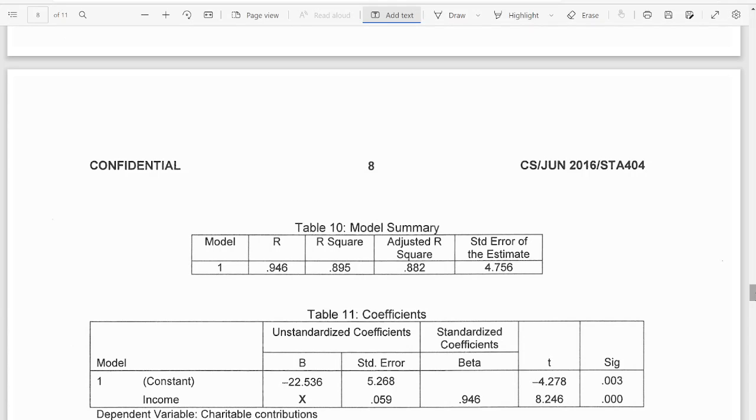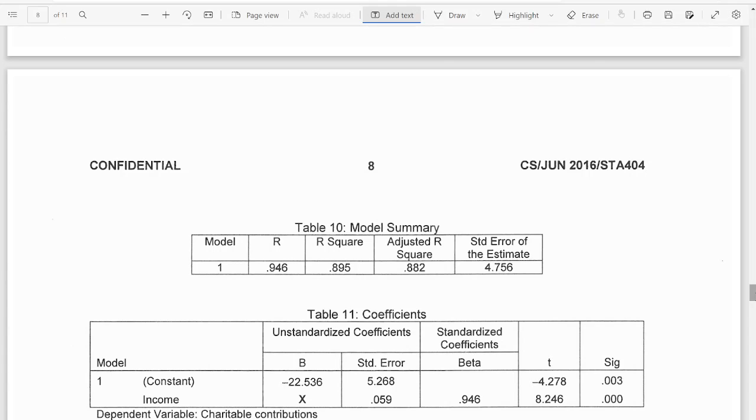So in this situation, normally when you deal with correlation, it doesn't matter which one is X, which one is Y. So kita tak pentingkan yang mana satu independent, yang mana satu dependent variable. However, when you look into the regression analysis, it is important for you to identify the dependent and the independent variable.